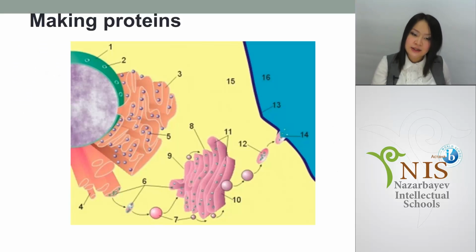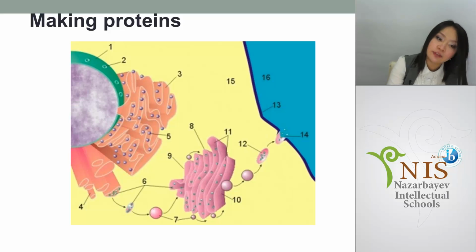Making proteins. Look at this picture, please, carefully. You first see the green one, labeled one. It is the nucleus. The nucleus will give information to ribosomes with the help of mRNA to synthesize protein.